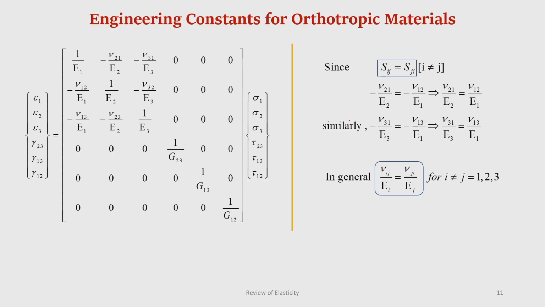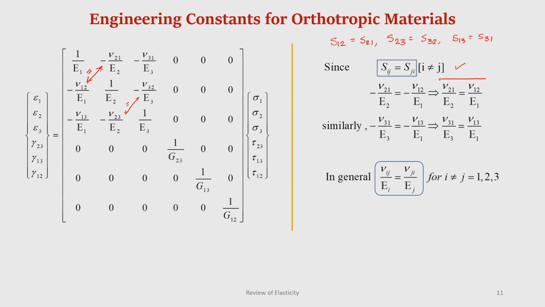So, now we know that the stiffness and compliance matrices are symmetric, therefore, S 12 is equal to S 21. So, they must be same, they are equal. Similarly for the others. So, in general S ij is equal to S ji for i not equal to j, meaning S 12 is equal to S 21, S 23 is equal to S 32, S 13 is equal to S 31, others are anyway 0, other off diagonal terms are 0, and this leads to a relationship which is known as reciprocal relations.